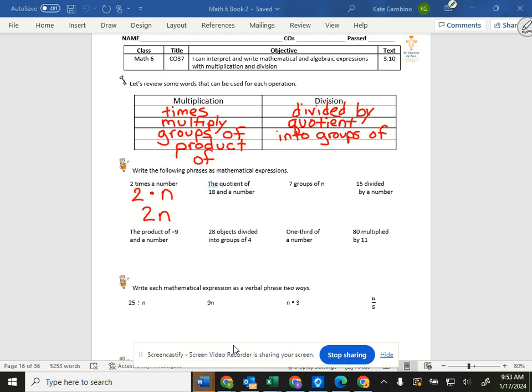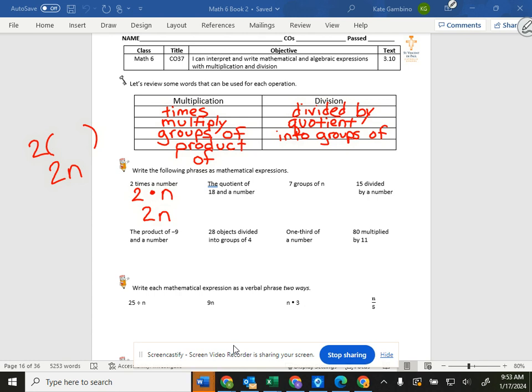Because when something is right in front of a variable, we just automatically know that it means we're multiplying. If something is right in front of parentheses, we know, since it's right there, it means we multiply. If it's right in front of a variable, we know it means to multiply. If on the test you put the multiplication symbol, it will not be wrong.